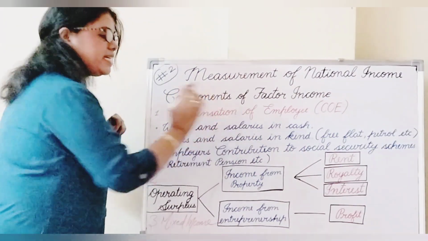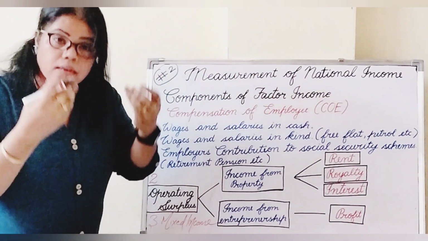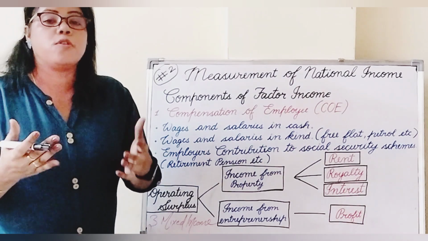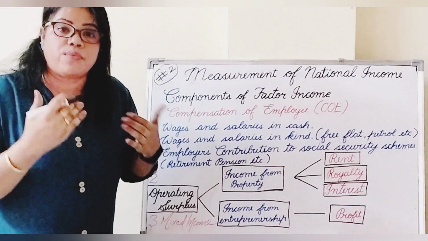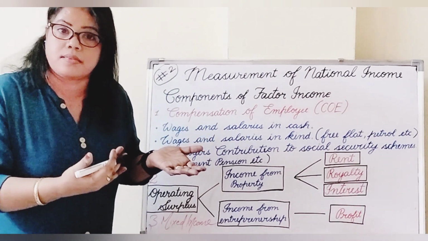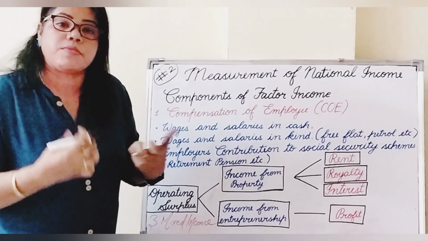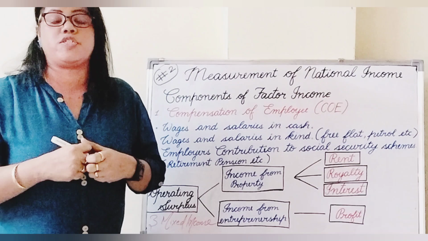Wages and salaries in cash. Compensation means whenever the factors of production are rendering services. Suppose I'm a teacher, working in a school. When I am providing my services in this school for teaching my students, what I get from the school is salary. That is what is called compensation.